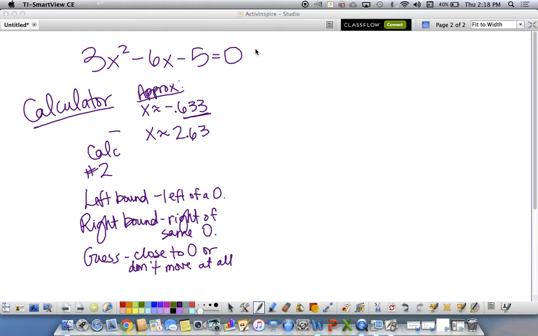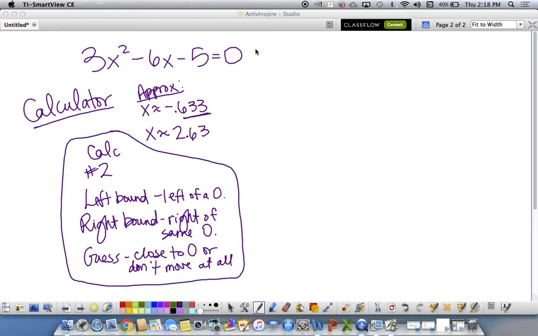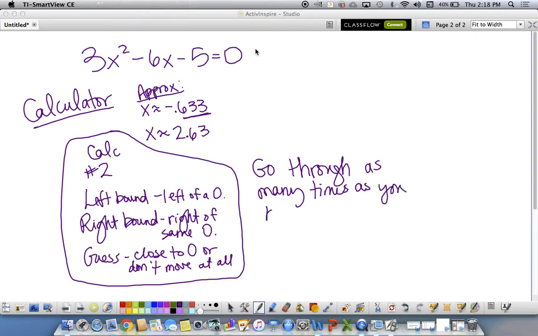Writing out a few little step-by-step problems and ways to do it. You have to go through this process. Go through for as many times as you have zeros.